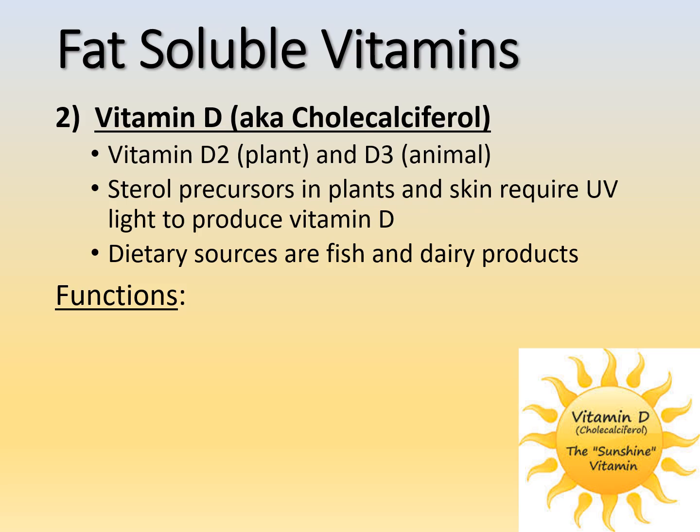And there's a precursor in plants and in our skin in animals that requires that UV light to convert it into the active form of vitamin D, cholecalciferol. That is a big source of vitamin D for us, in our skin, and we convert it with that UV light from that sterol precursor.